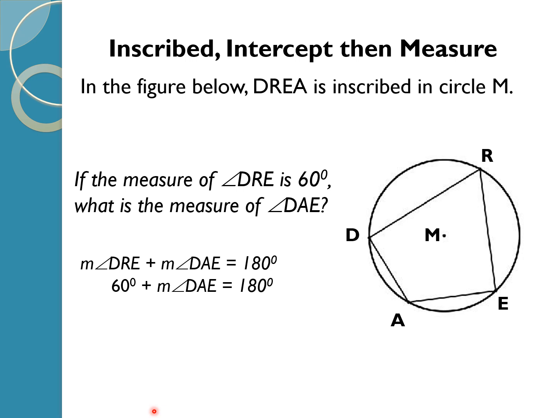We will add negative 60 to both sides of the equation, and we have the measure of angle DAE is equal to 180 degrees minus 60 degrees. We simplify the right side of the equation: 180 degrees minus 60 degrees, so the answer is 120 degrees. So the measure of angle DAE is 120 degrees.